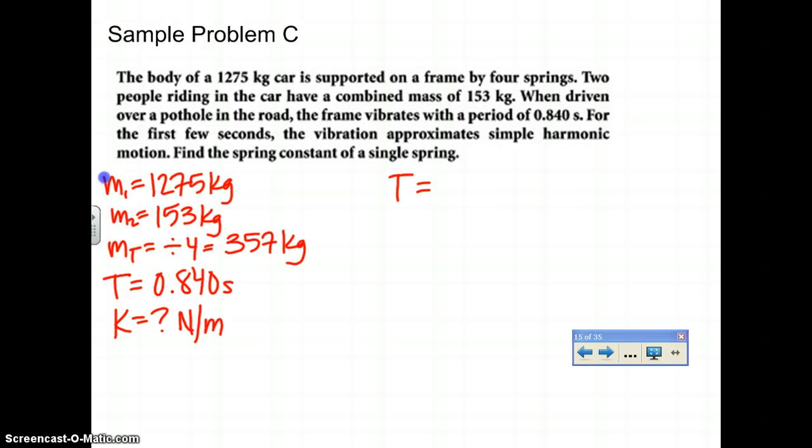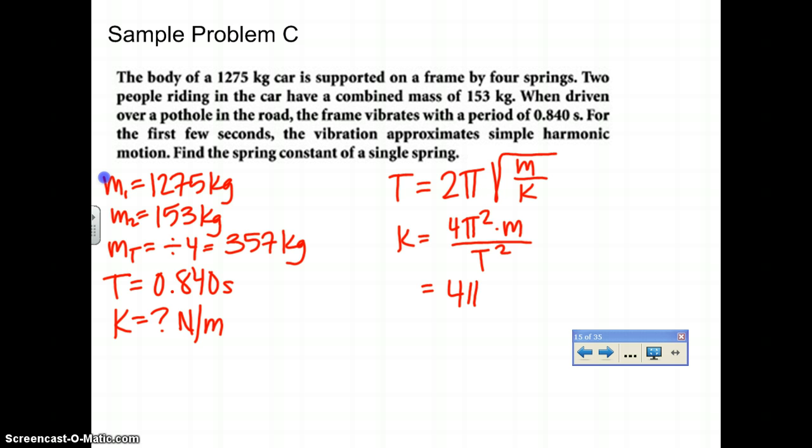Since we're talking about a mass spring system, that's going to be 2 pi square root of m over k. Square both sides, rearrange everything. This is going to give you k equals 4 pi squared times m divided by t squared. Let's plug in 4 pi squared times 357 divided by 0.840 squared.